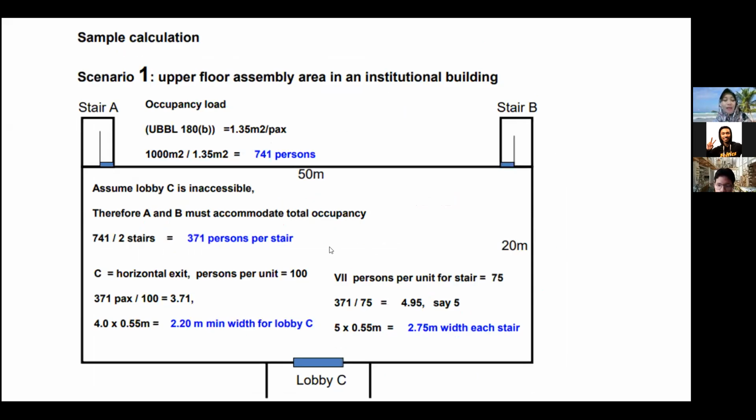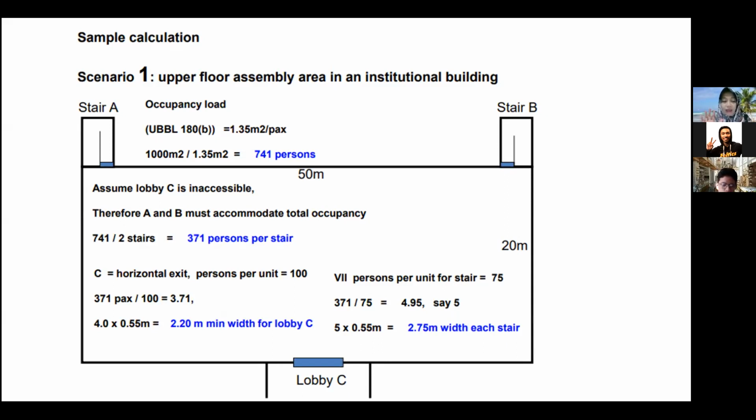So you divide and get about 3.71. What is 3.71? More or less, we take about 4.0 times 0.55. 0.55 is in the bylaw, the minimum opening for one side.